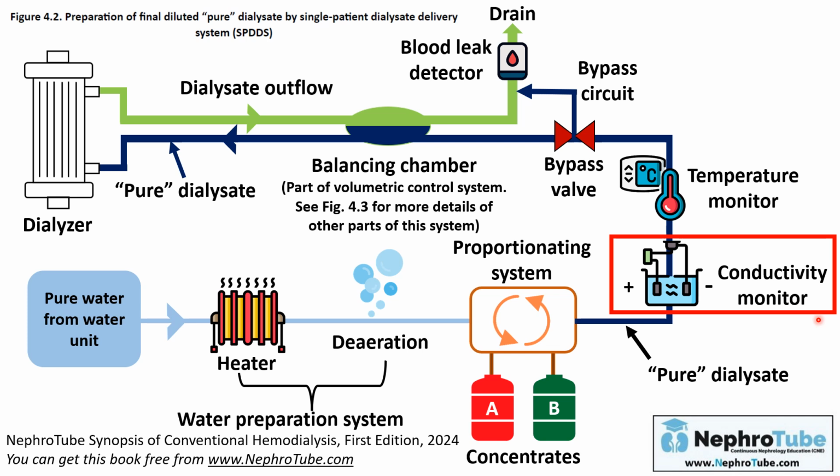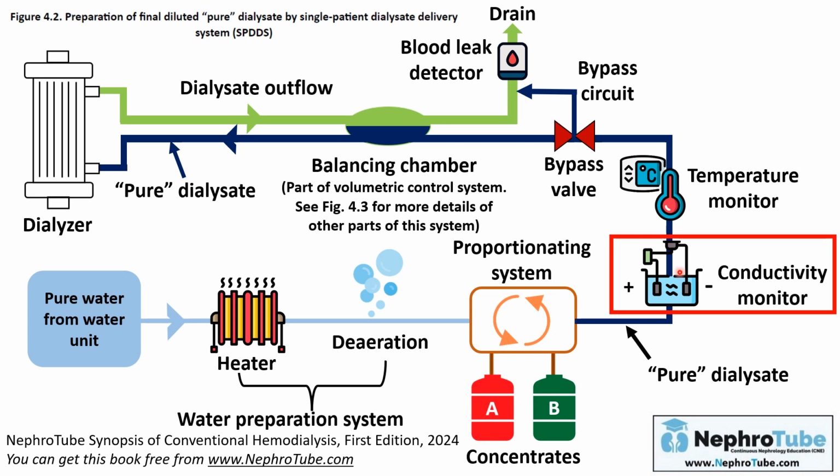The main idea of the conductivity monitor is that the flow rate of any electrical current through a solution is directly proportional to the concentration of electrolytes in this solution. So in the conductivity monitor, an electrical current passes through the dialysate, and this flow rate is measured.